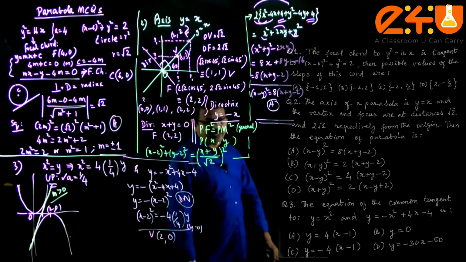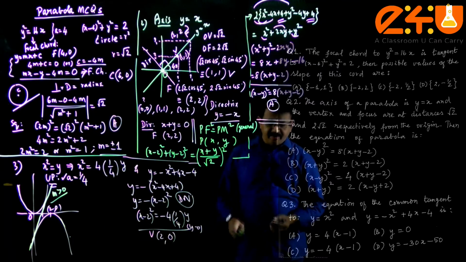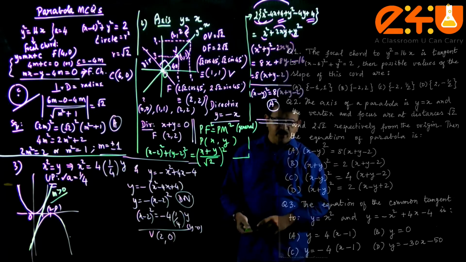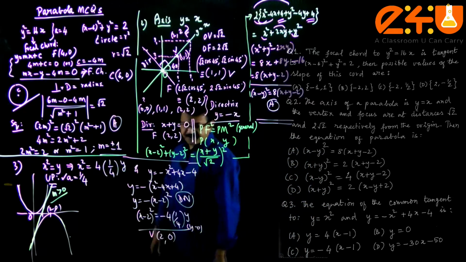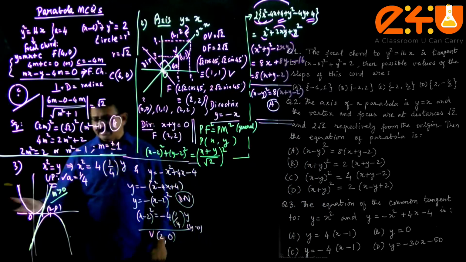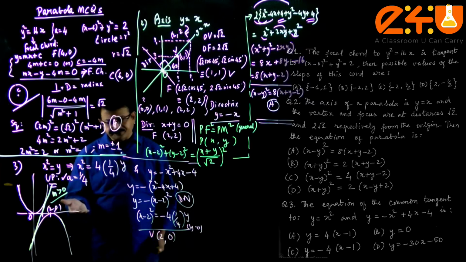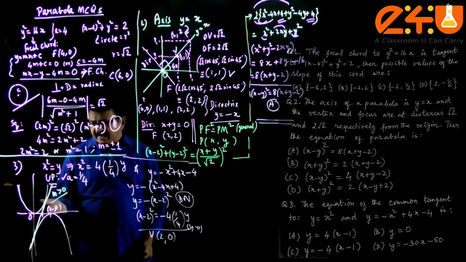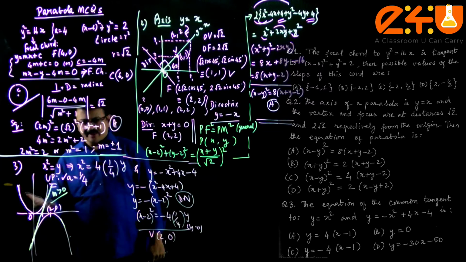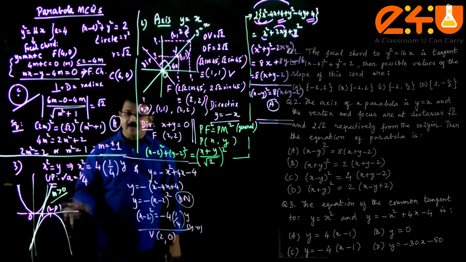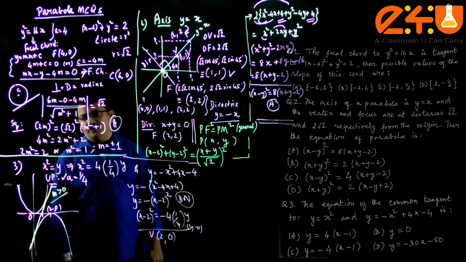From options A, B, C and D, which slope is positive, you yourself know. Second option is y equal to 0. y equal to 0 is the x-axis. Okay. So x-axis is a common tangent, well, but it is trivial, so we are not choosing y equal to 0.